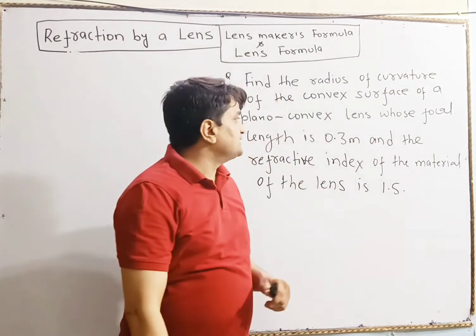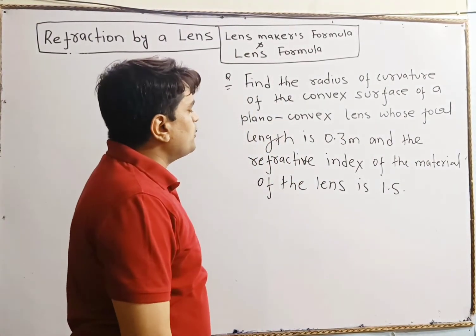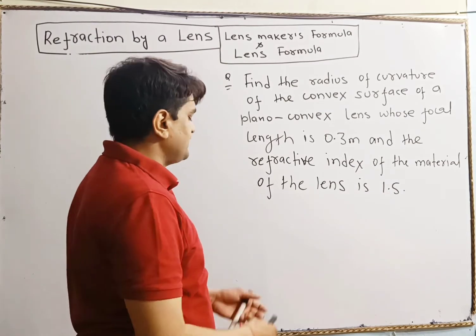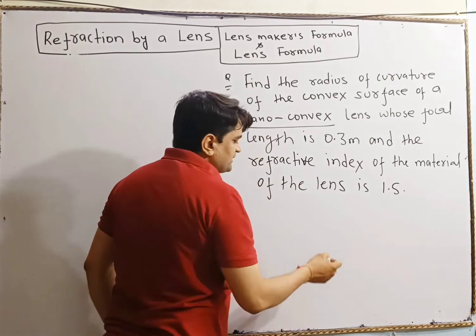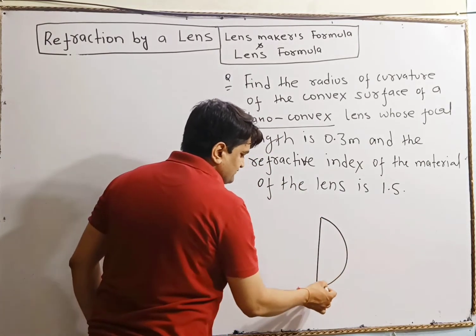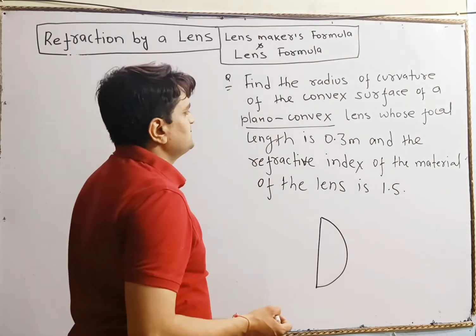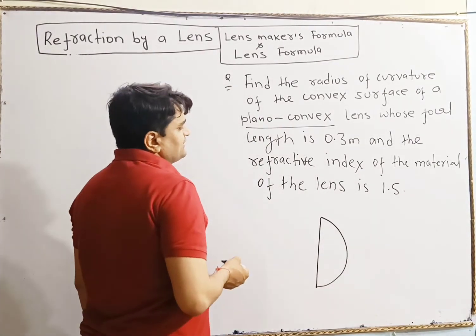Here is the next question. Find the radius of curvature of the convex surface of a plano-convex lens. What do we mean by plano-convex? That means one surface is plane and the second surface is convex, whose focal length is 0.3 meter.